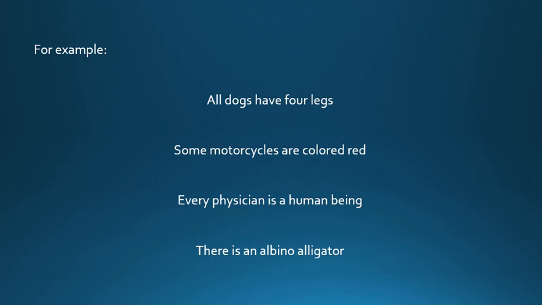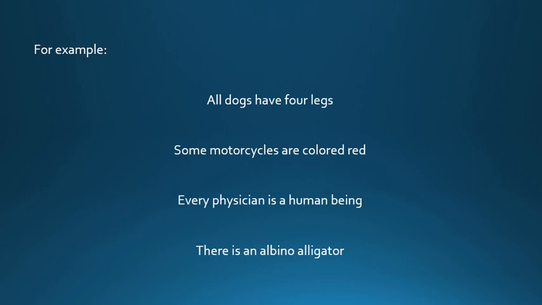If you're seeing words like for all or every or all, everything in that group has to have the particular property for that to be true. If you're seeing words like some or there exists or there is, then at least one thing in that group of objects has to make the property true for the entire statement to be true.